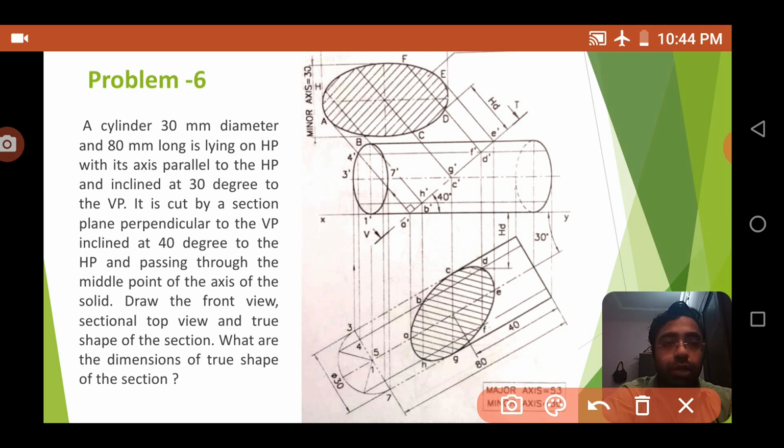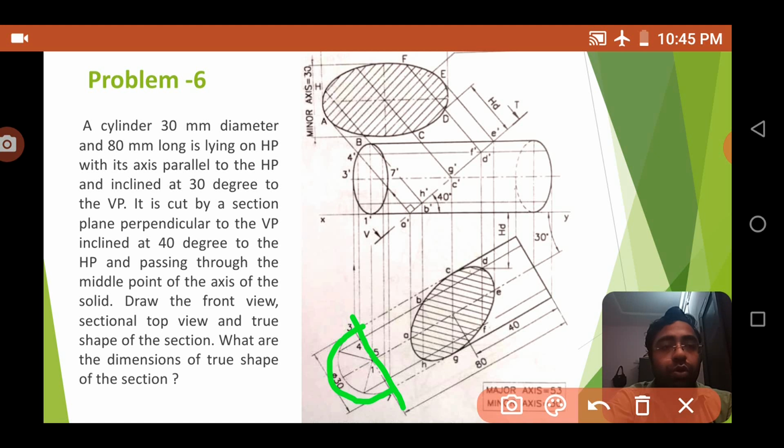Now I just draw the entire rectangle. As you know, when you see a pipe section from the top view, it is just like a rectangle. After this rectangle is formed, you draw a semicircle here. Why? Because we have to maintain the points, as we have to draw its front view.